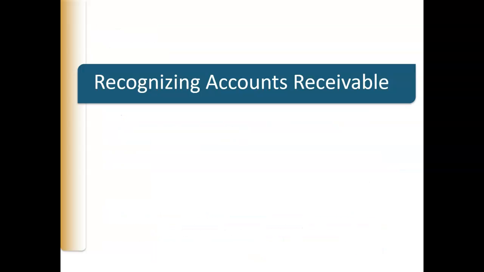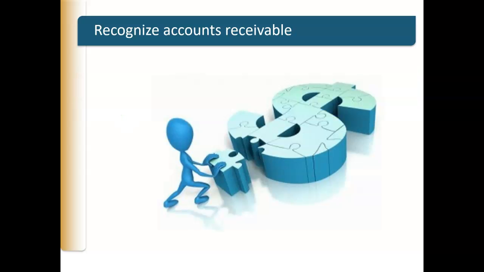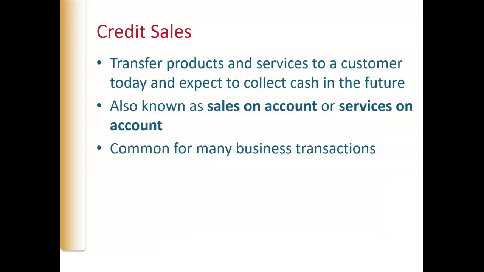We know that we record an accounts receivable when we've provided a service or products, but in exchange for cash, we have not received the cash yet. Sometimes we call it a credit sale.